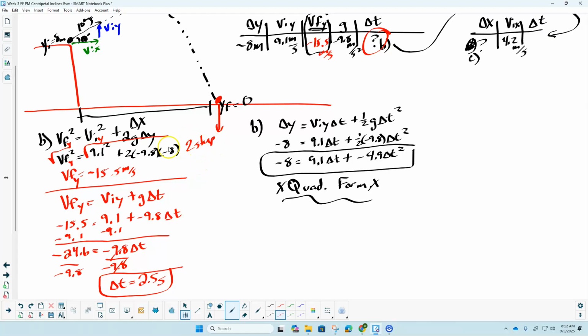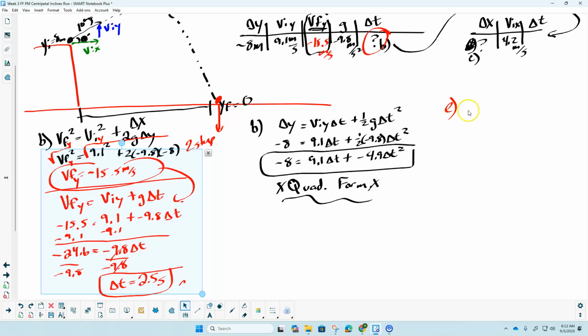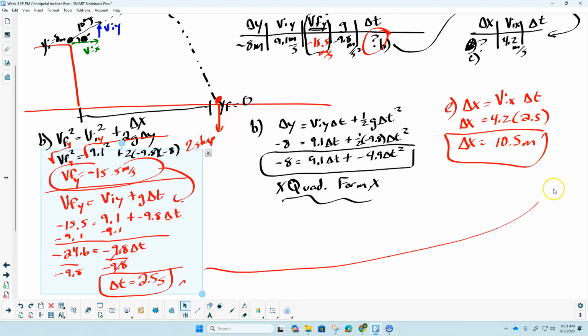First you solve for VFY, and then you use VFY to solve for T. Once you get T, part C is very easy because there's only one equation in the horizontal: delta x equals VIX delta T. So delta x is equal to 4.2 times 2.5, and you get delta x is approximately 10.5 meters. You're just taking 2.5 up into this chart and multiplying the two numbers.